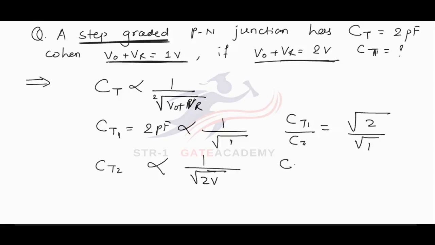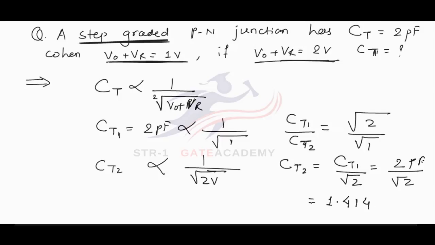So Ct2, which is to be calculated, will be equal to Ct1 upon root 2, and it will be 2 picofarad upon under root 2, which is equal to 1.414 picofarad.